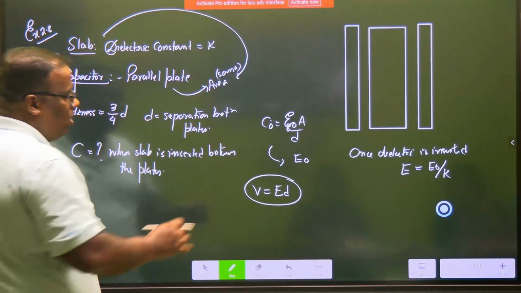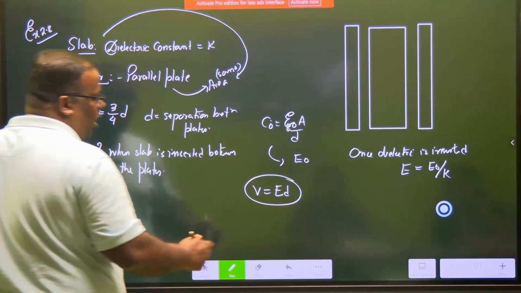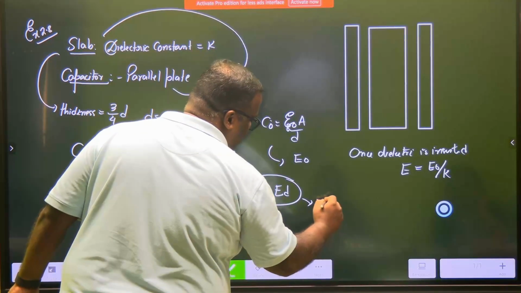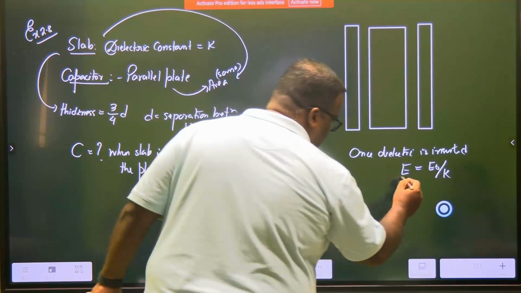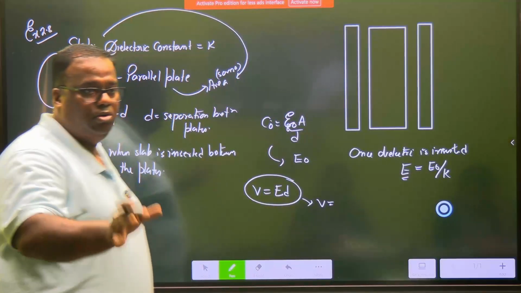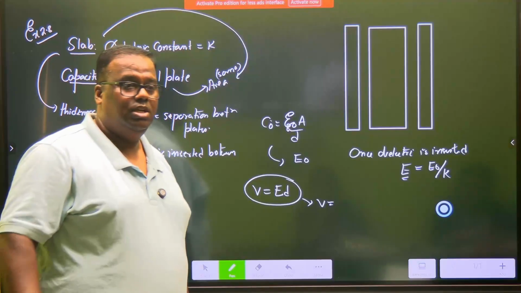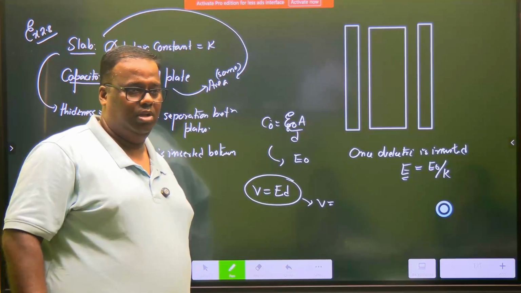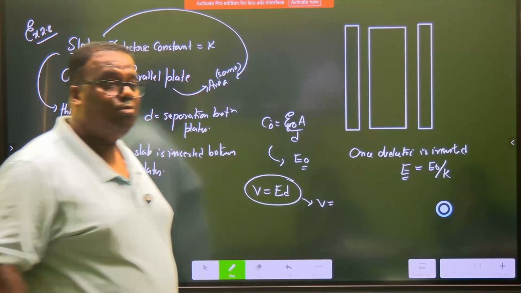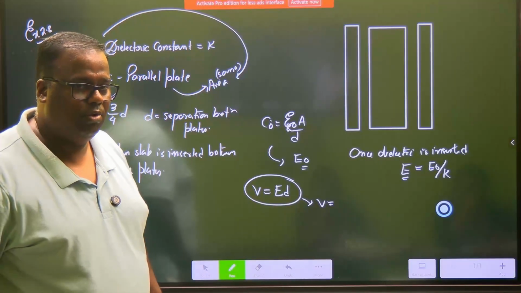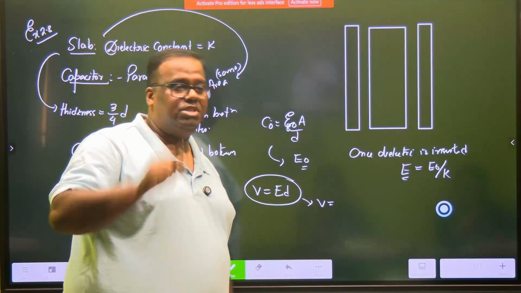So V is equal to E D. Now, in your case, how is V applicable? You will use E for the thickness for which the dielectric is responsible, and you will use E0 for the thickness for which the gap is applicable.